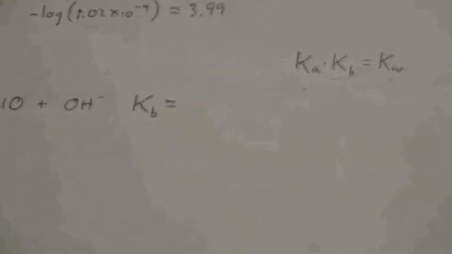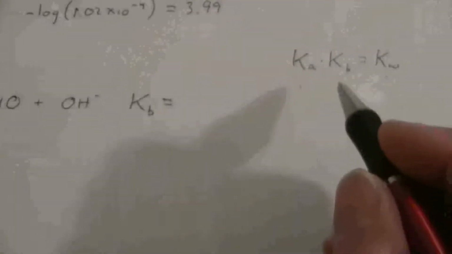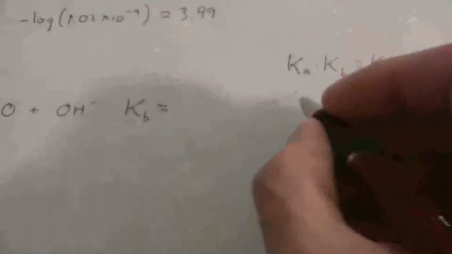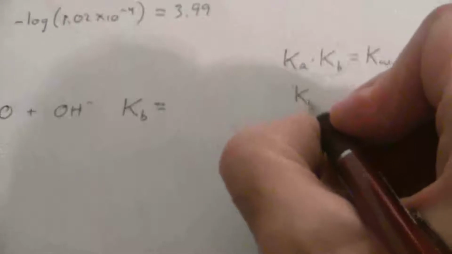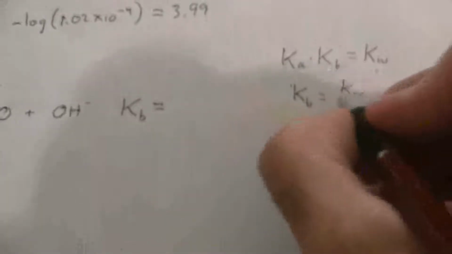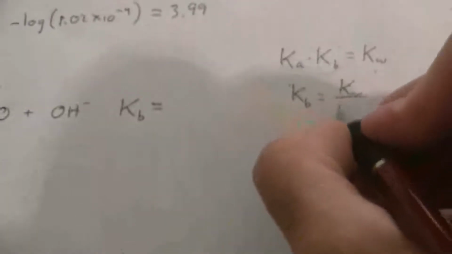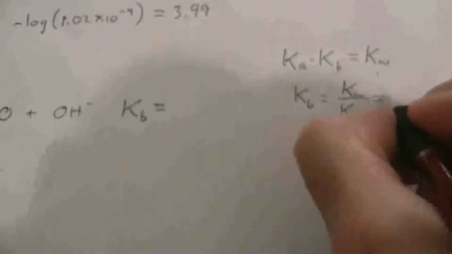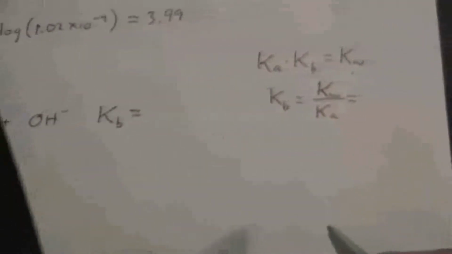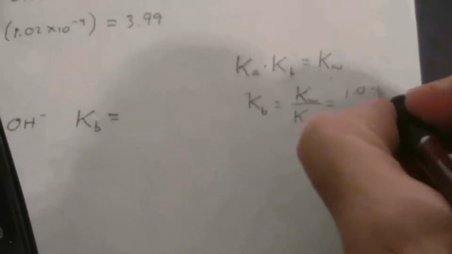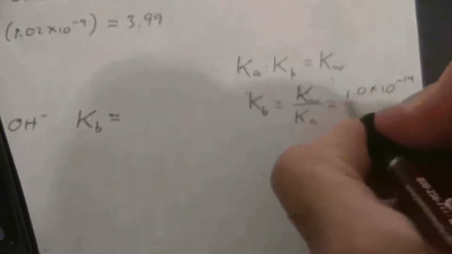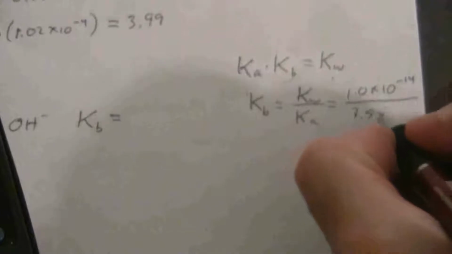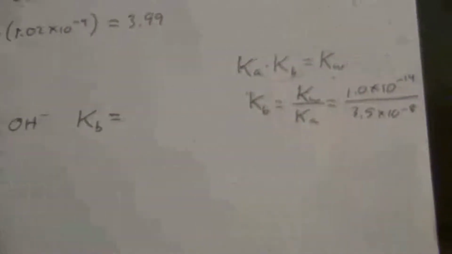We will calculate our Kb based on that value. Kb equals Kw over Ka. If you divide both sides by the Ka, you have 1.0 times 10 to the minus 14th divided by 3.5 times 10 to the minus 8th.